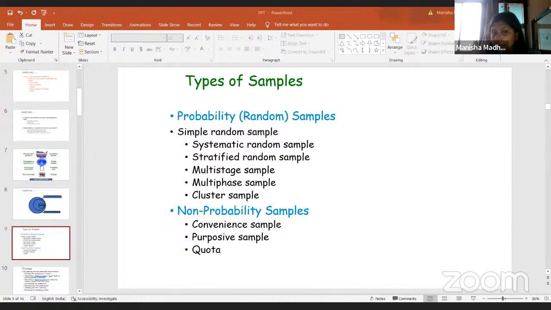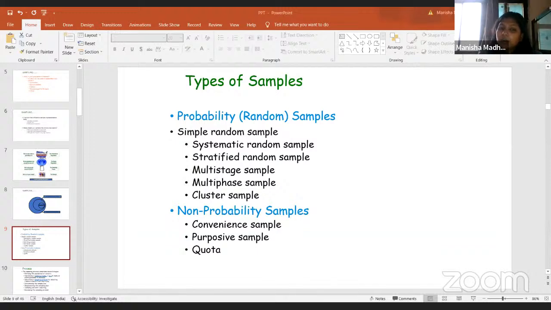When you see both these types of sampling, the basic difference between strata and cluster is that when we talk about cluster sampling, suppose there are 4 clusters which the researcher has identified, but he will only use one of these clusters for the purpose of his research.